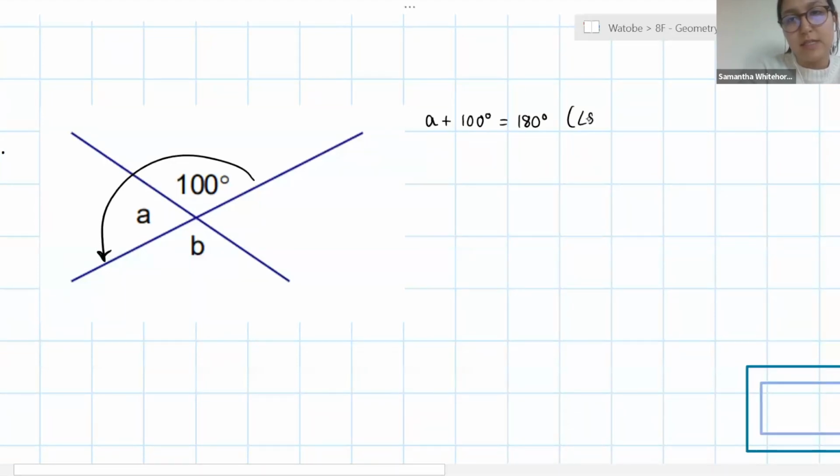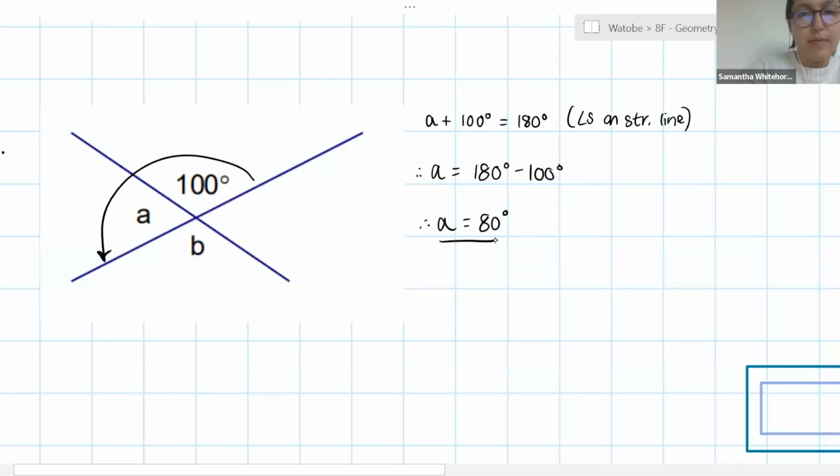And my reason is, as I said, angles on a straight line. Okay, what that then means is I can solve for A. So I would have to subtract 100 on both sides in order to get A alone. And so A is equal to 80 degrees. So that's where I got my 80 degrees for A.